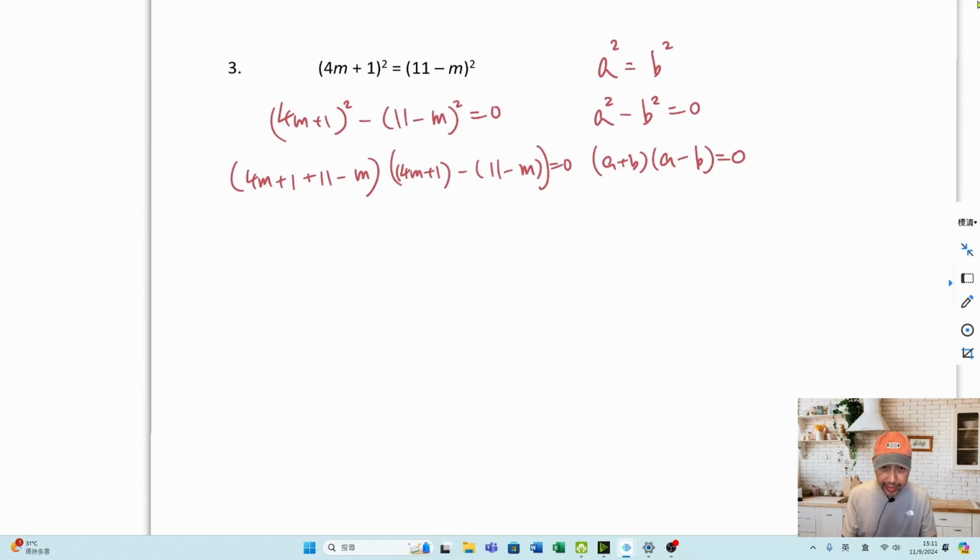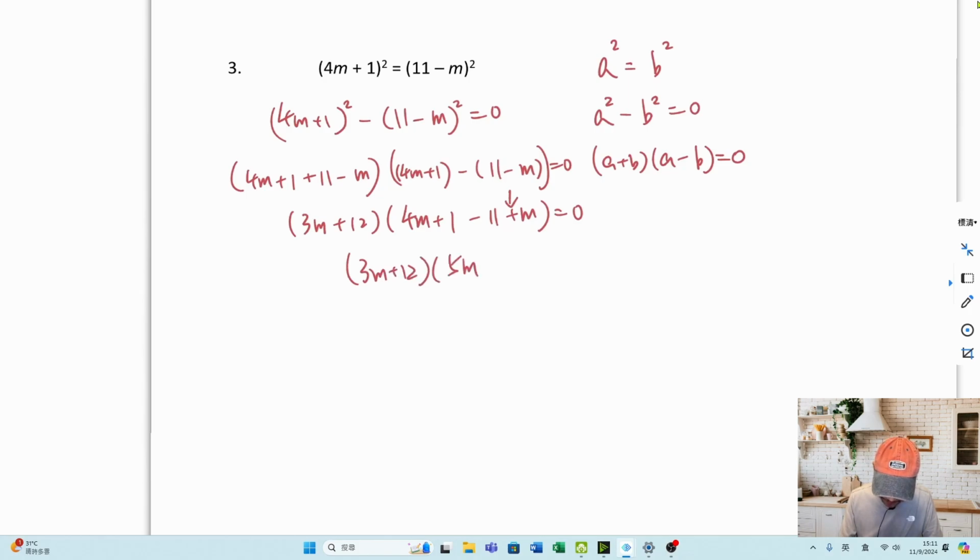The first bracket becomes 3m plus 12. The second bracket, we simplify the bracket first: 4m plus 1 minus 11 plus m. We change the sign in the second bracket. So (3m plus 12)(5m minus 10) is 0.